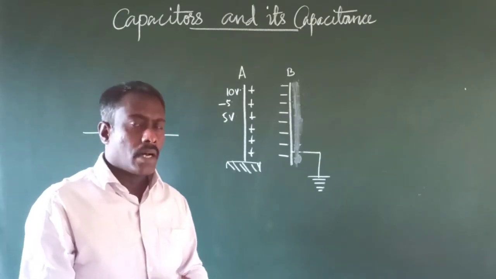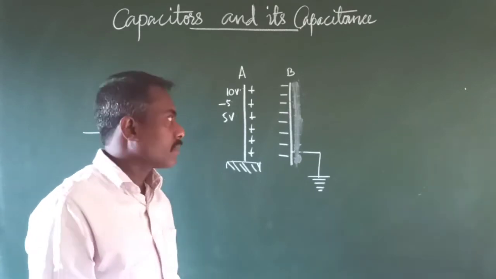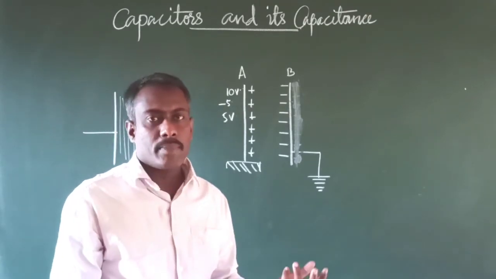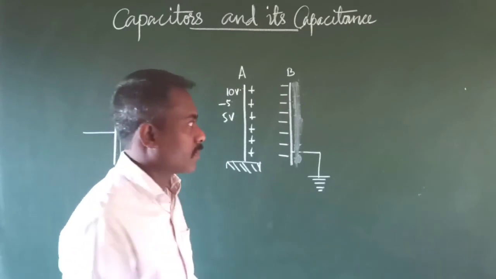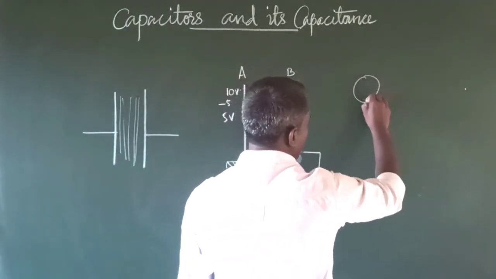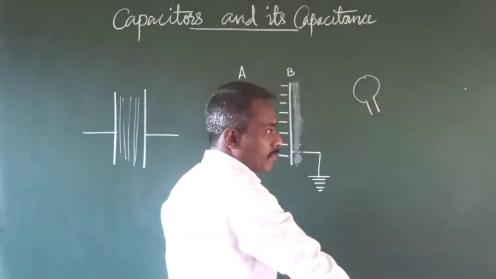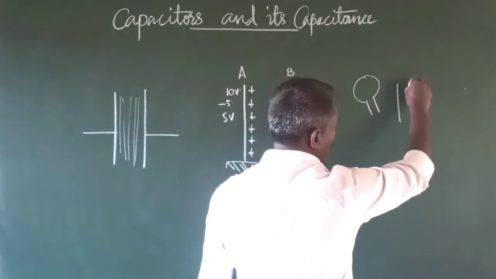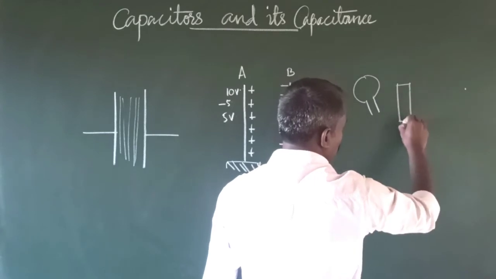As per our requirements, capacitors can be of different shapes and different values. Disc shaped capacitors are here like this, with two terminals, and cylindrical capacitors also have two terminals.